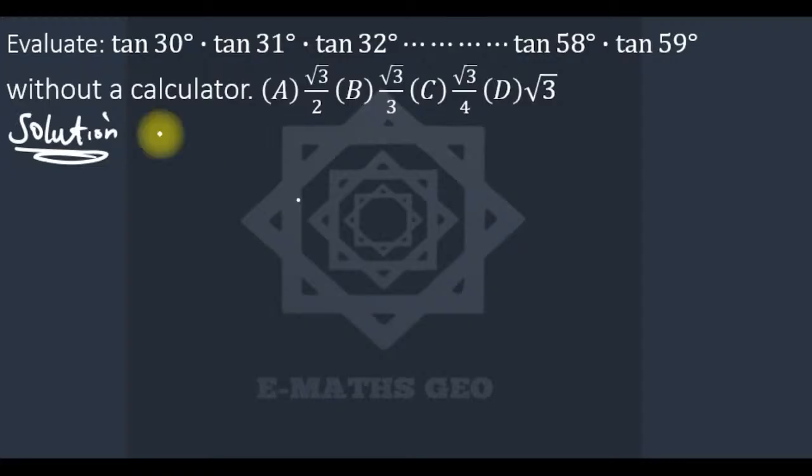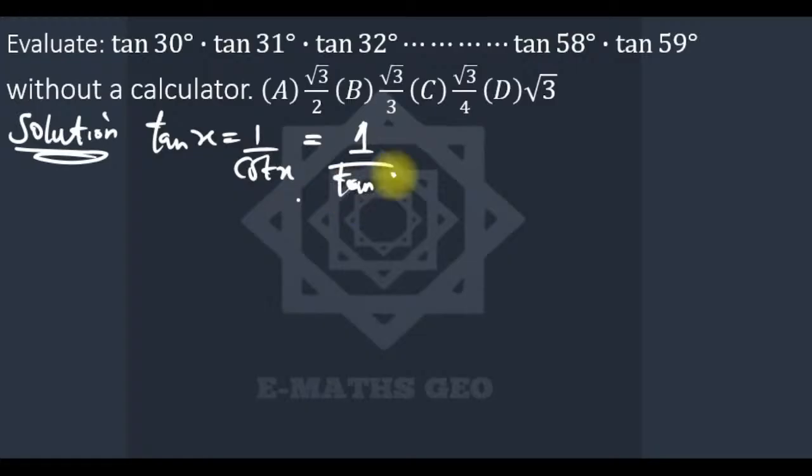We know from our reciprocal identity that tan x is 1 over cot x, since cot x is 1 over tan x. And from our cofunction identity, cot x is the same as tan(90 minus x).